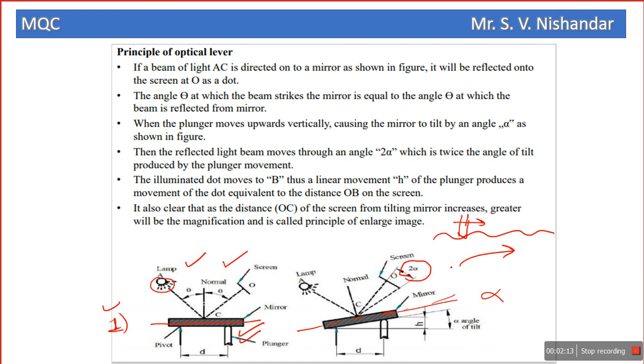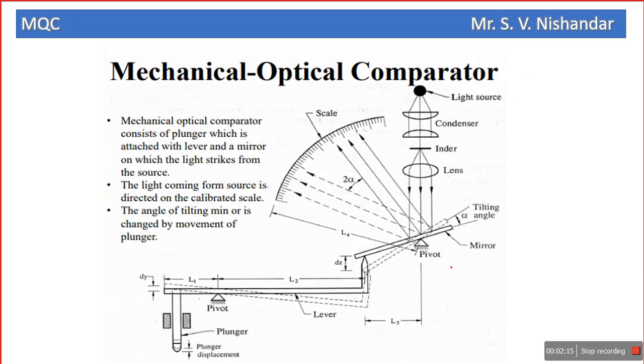Why is it called a mechanical optical comparator? In the first half, the amplification occurs because of the lever and pivot mechanism, and in the remaining half, the magnification occurs because of the optical parts, like the light source, condenser, and the mirror. So it is called mechanical optical; it is not a pure optical comparator.